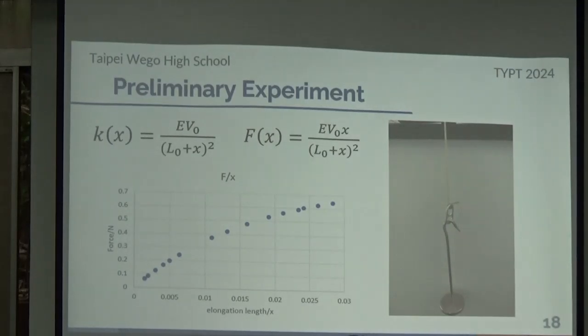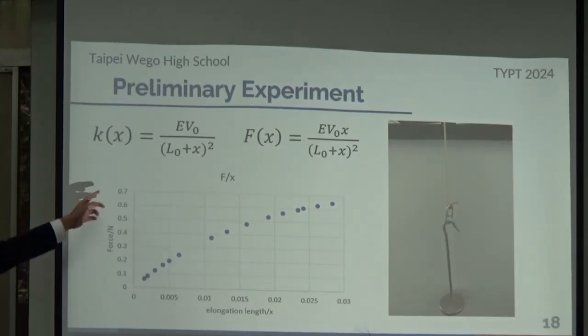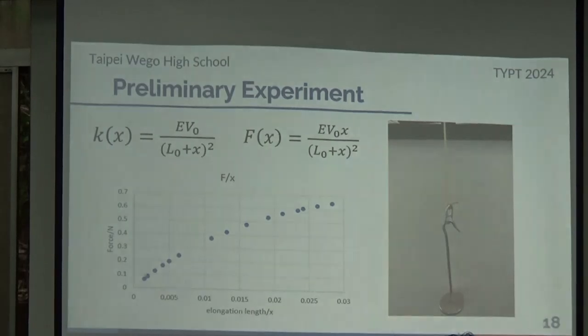In the preliminary experiment, we investigate the K value of the rubber band, and as the figure shows, it is likely to be our previous expectation.